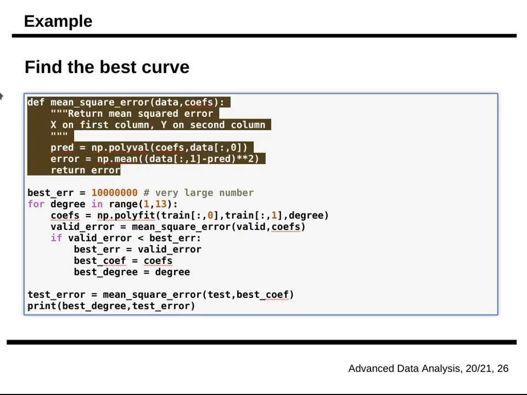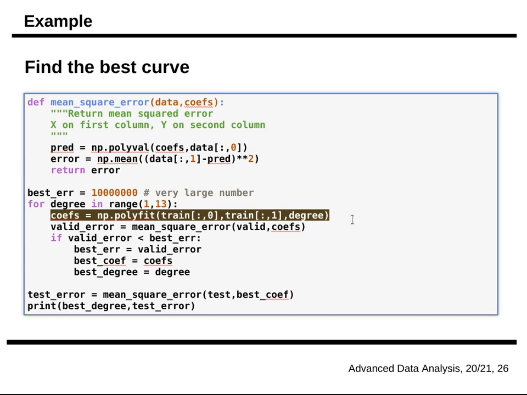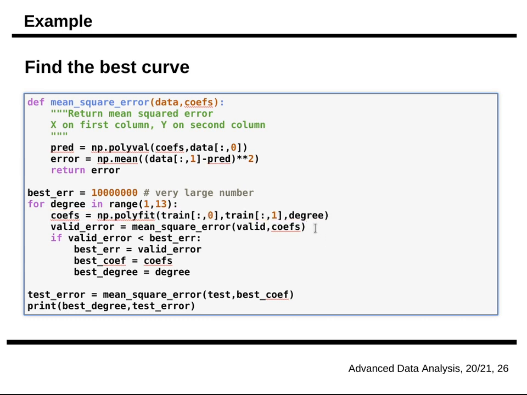So for that we can create this auxiliary function that just evaluates the polynomial on the data that we provide and then computes the error as the mean quadratic error between the values in the data and the predictions from the polynomial. But the important part here is this: we are fitting the curve to the training set, but then measuring the error on the validation set.